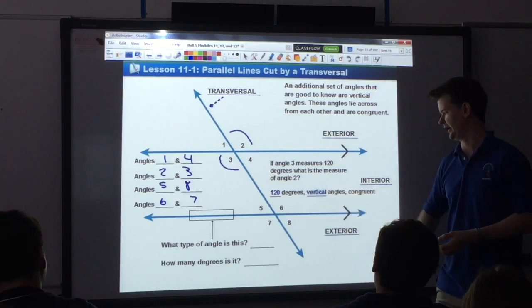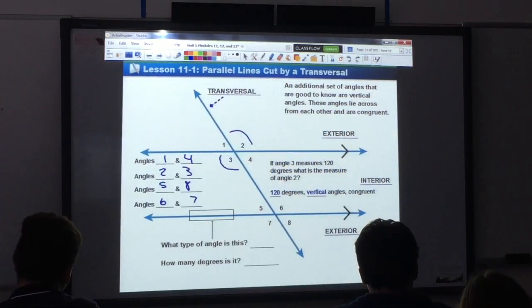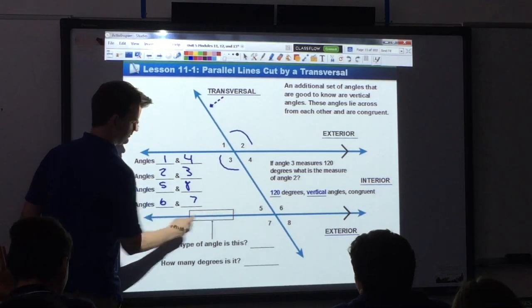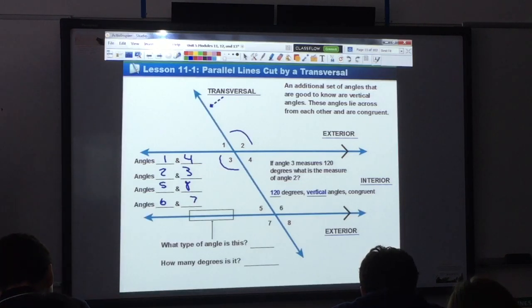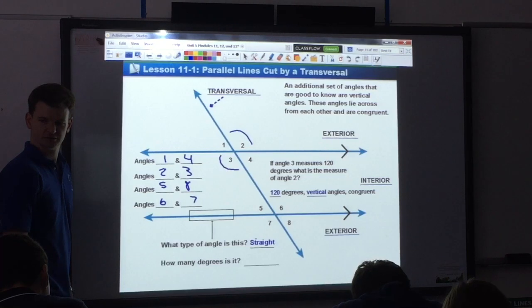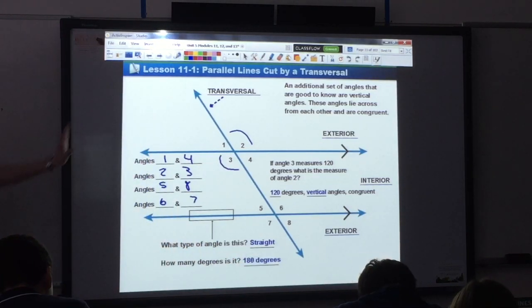They're vertical angles. Good job. Ms. Gutierrez, I put a box around just this part of the line right here. What type of angle is that? It's a straight angle. How many degrees is a straight angle? 180 degrees. Good job.